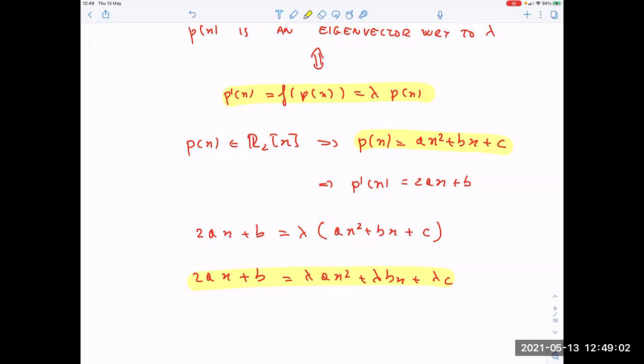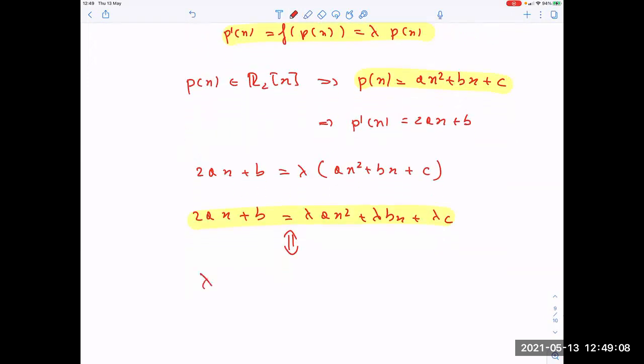So basically, I want the difference to be the 0 polynomial. So I want lambda a x squared plus (lambda b minus 2a)x plus (lambda c minus b) to be the 0 polynomial.